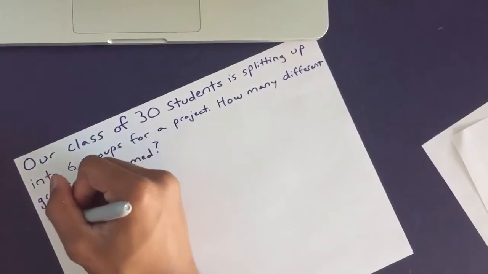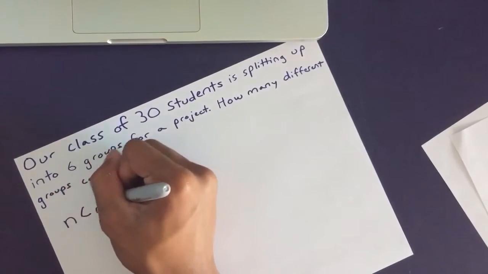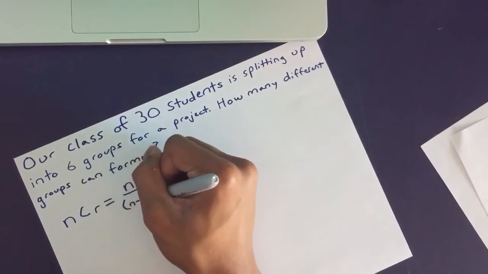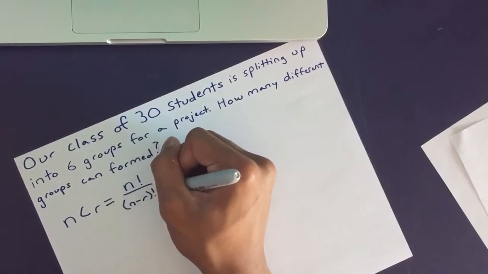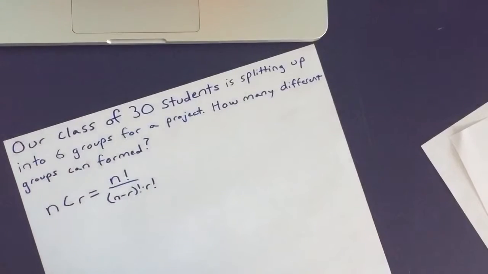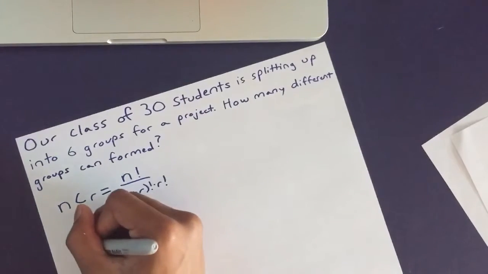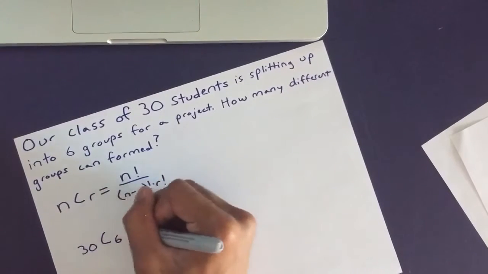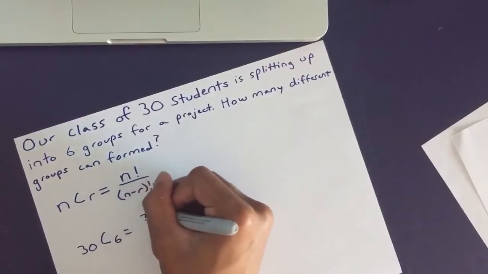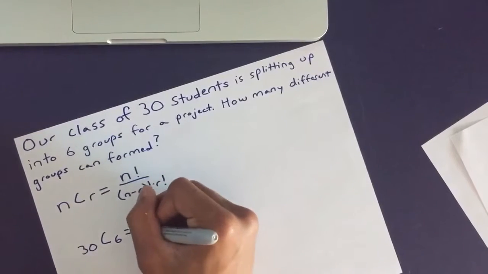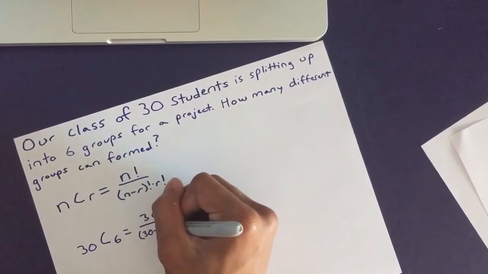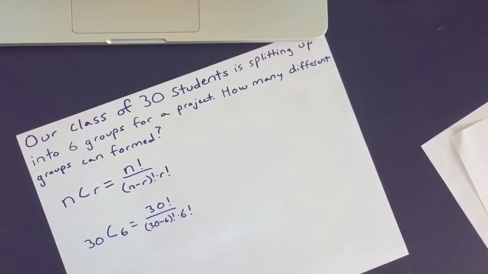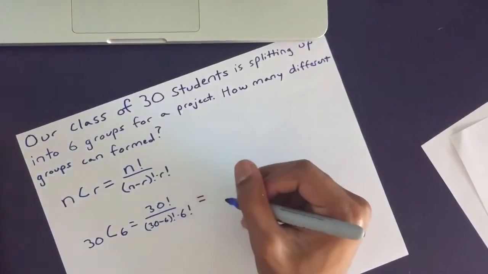So combinations are modeled by this equation. And so you have 30 total students, and you choose between 6 groups. And then, again, you can just do this in your calculator.